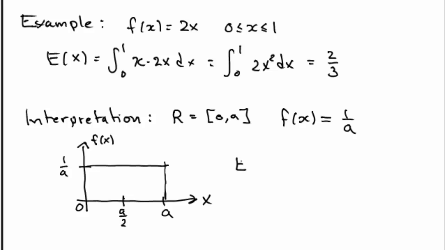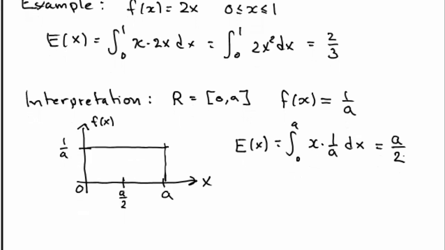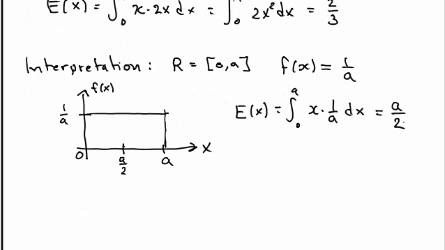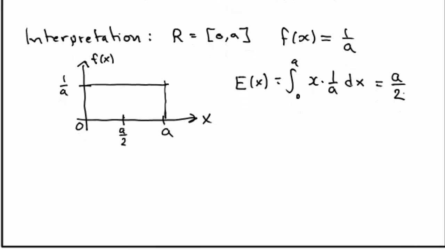That's easy to show because expected value of x, by definition, is the integral from 0 to a of x times f of x, which was 1 over a dx. If you plot this, you'll get a triangle with base equal to a and height equal to 1. So this value is precisely a over 2. So again, you can think of the expected value as the average of all the x's.